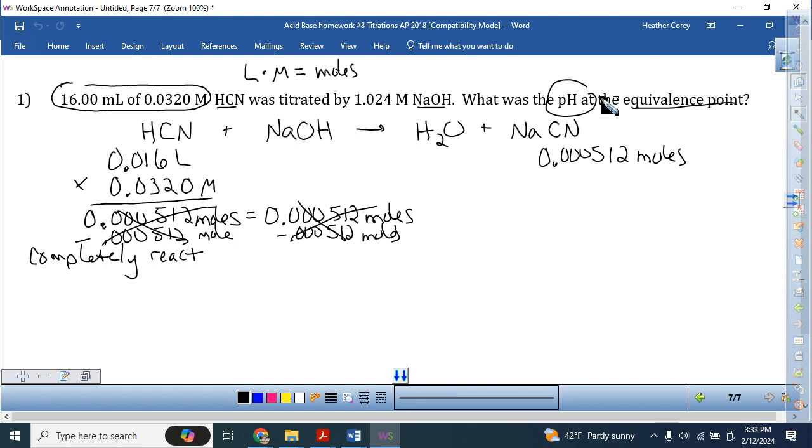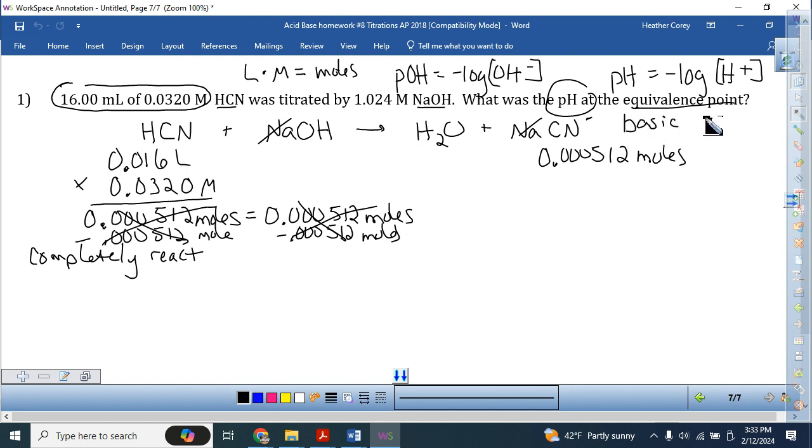We want to find pH. And in order to find pH, we need to know our H plus or our OH minus. When I look at this product here, the Na has no effect on the pH, but the CN minus is a basic anion.